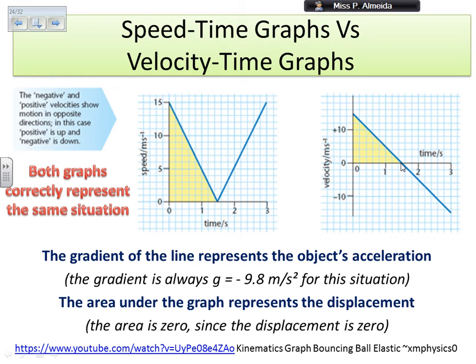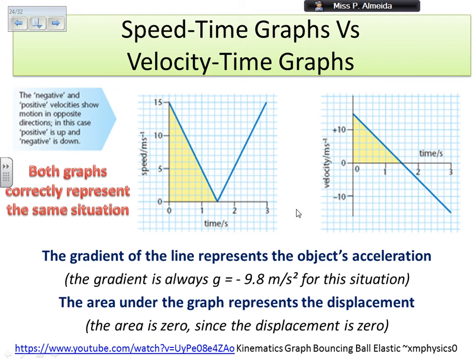So I cannot go up anymore, so now all that I'm going to do is go back to the ground. So I'm going to have my velocity increase from 0 meters per second to 15 meters per second, but now in the opposite direction. So now I'm on the negative side of my velocity, okay? Because it's completely the opposite direction as in the beginning.